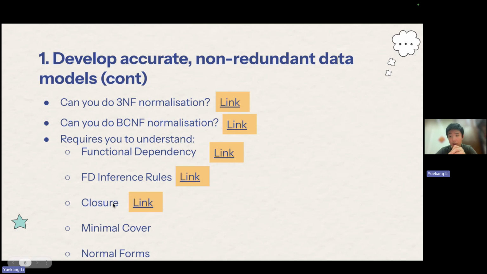Another important concept here is closure. And a very important concept related to closure and the calculation of third normal form is the minimal cover. And of course, if you want to do normalization, you need to know the concepts of normal forms. Here's the link.